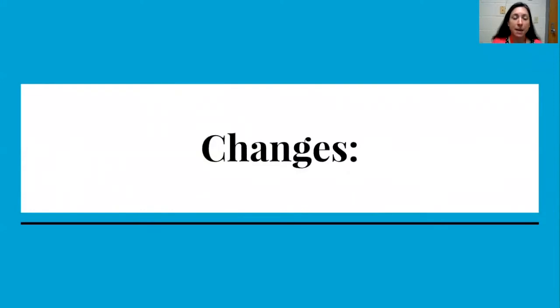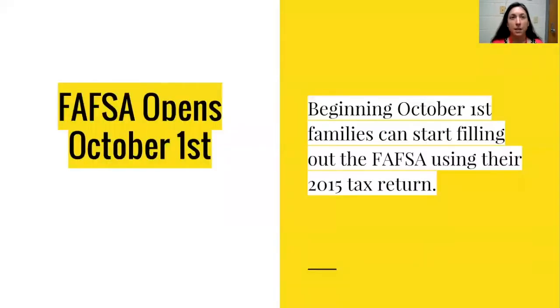So changes. In the past, you could not start working on your FAFSA until January 1st of the year that you plan to attend school. So if you were going to be a freshman in college in the 2016-17 school year, you couldn't have started filling out your FAFSA until the 1st of January 2016.